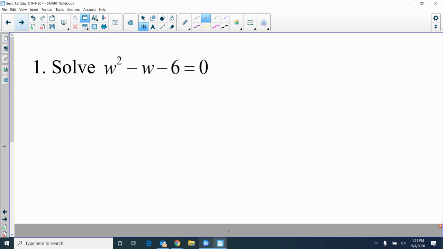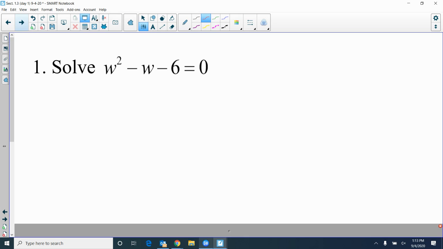Solve w squared minus w minus 6 equals 0. Go ahead and write that down, and factor it if you know what it's going to factor into. Alyssa, what did you get?